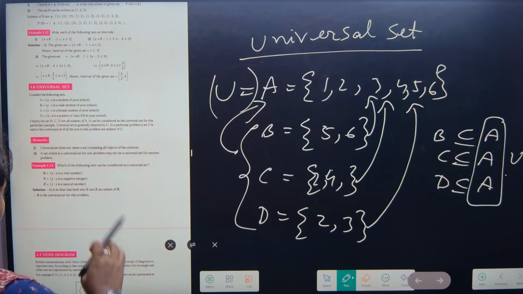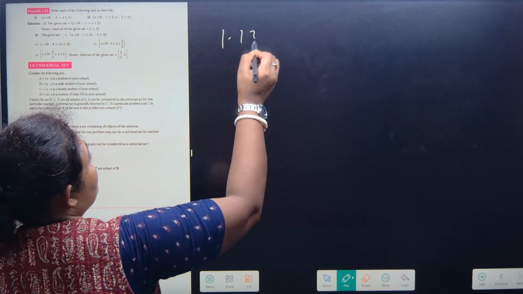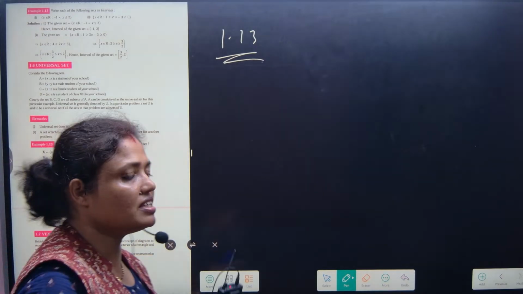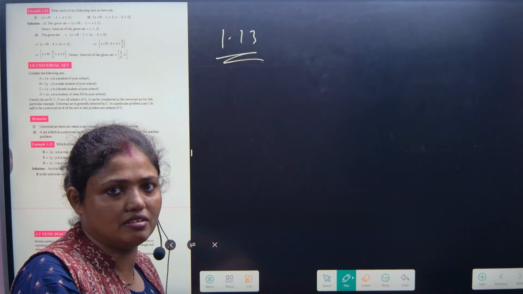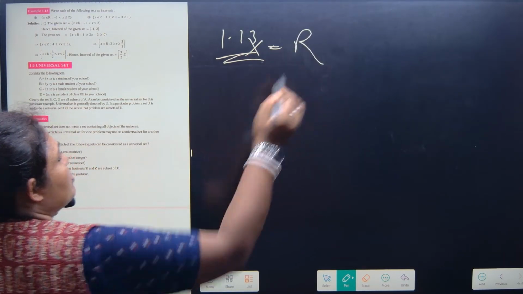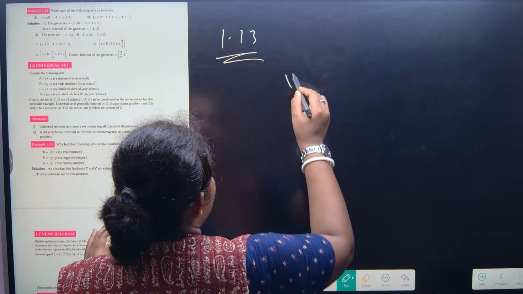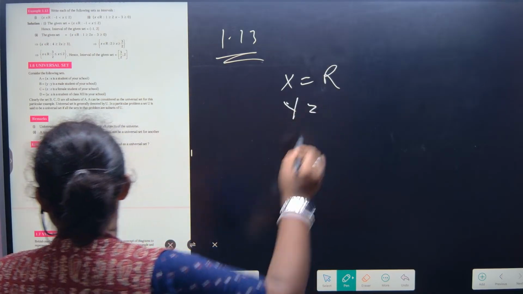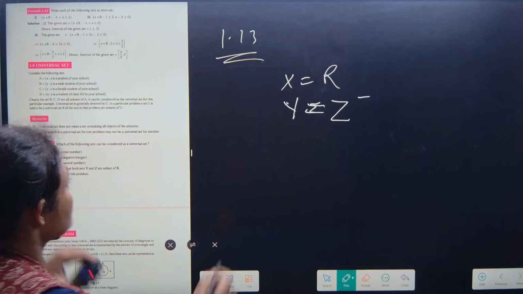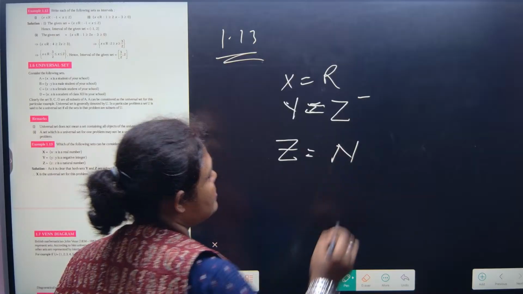Now in 1.13, what do we have? Which of the following sets is considered as the universal set? That means find the set that contains all the sets. Here X is the set of real numbers. Next, Y is the set of negative integers, and Z is the set of natural numbers.